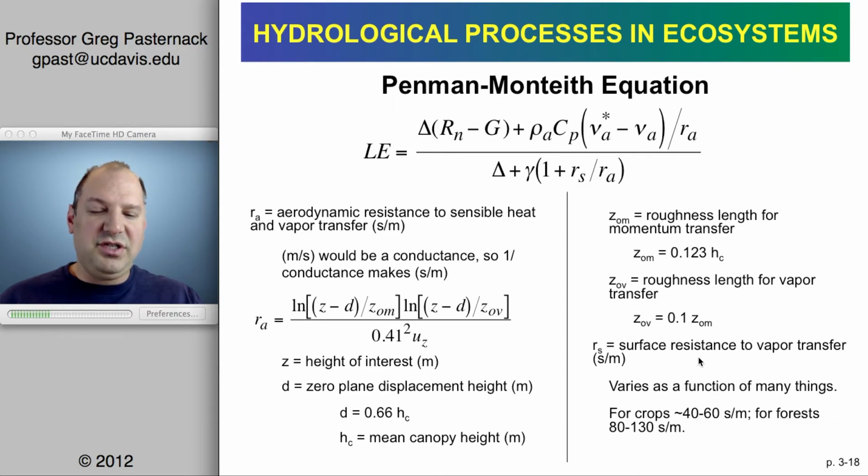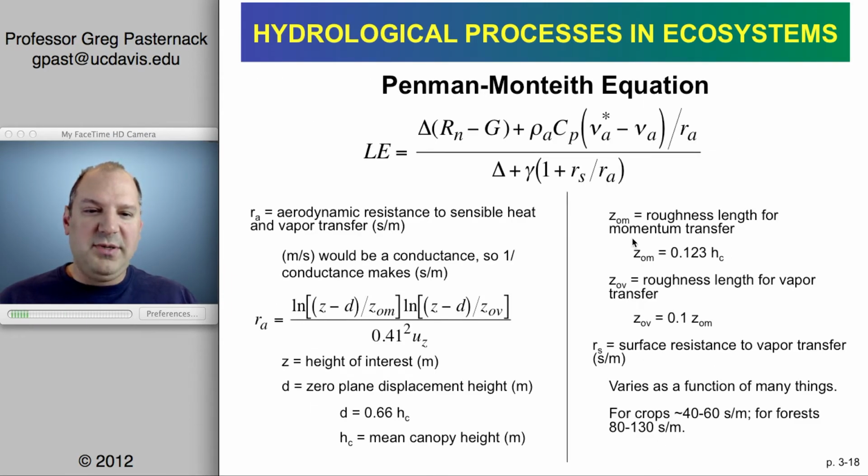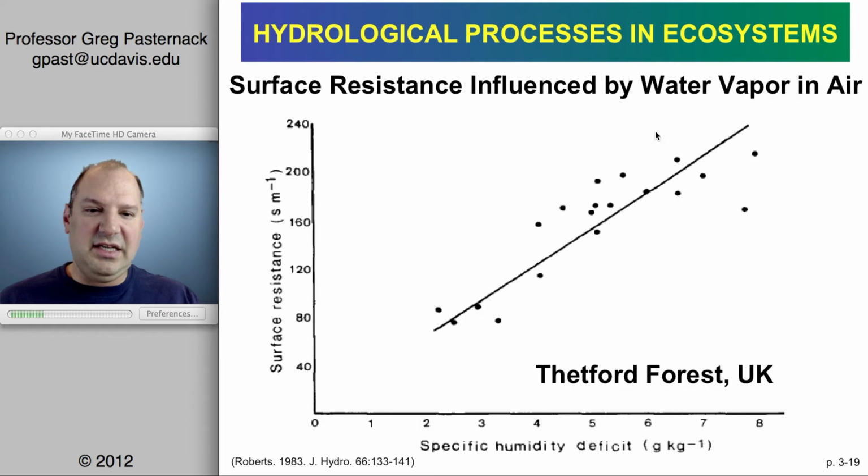So now I'm going to show you some examples of functions for surface resistance. Okay, so this is for a forest in the United Kingdom. On the x-axis is the specific humidity deficit. Recall, specific humidity deficit is the difference between saturation vapor pressure and actual vapor pressure, so that's easy.